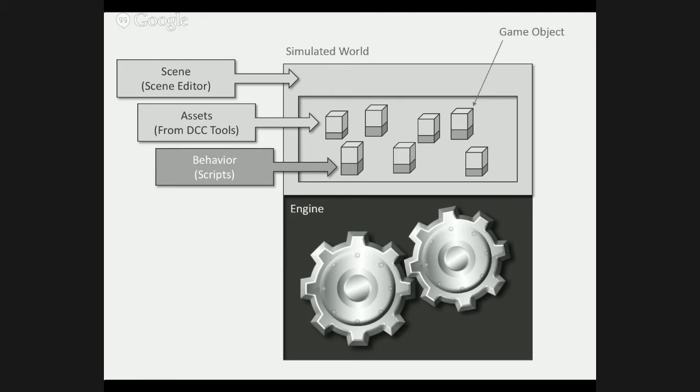So if you tie these two things together, the visual assets or the auditory assets, and then the programs, scripts, then you have a full object, a citizen of the virtual world, a citizen that can appear in the world and can also be interacted with or behave in the world.